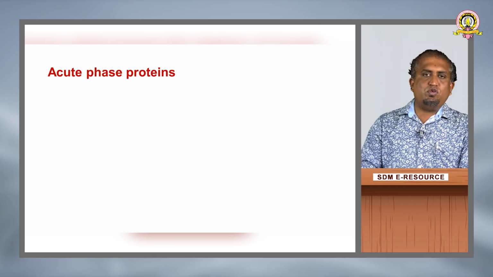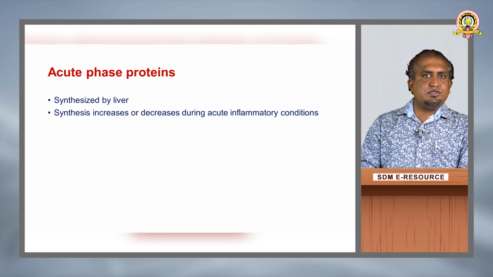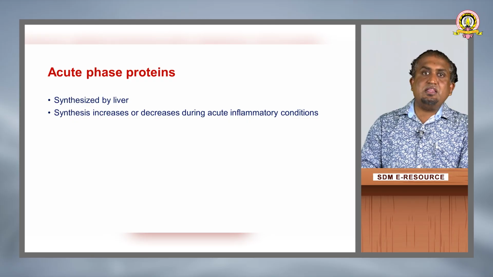And the next one is the acute phase proteins. These are synthesized in the liver, and their synthesis increases or decreases during acute inflammatory conditions. That is why we always look for the acute phase proteins, because they are synthesized in increased amounts in acute inflammatory conditions.